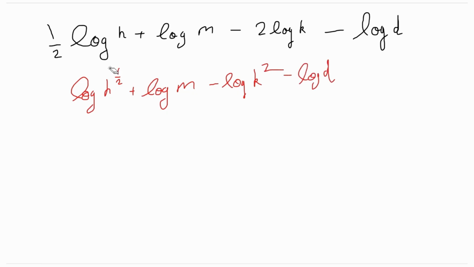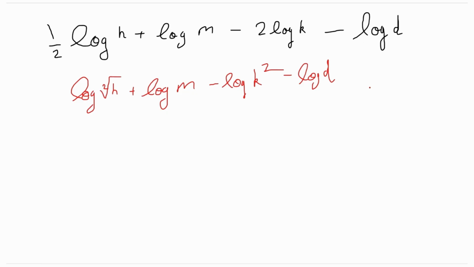And just to make it look nicer and do a little bit of review, what does to a power of a half, or a fraction, mean? Well, a half power means whatever the denominator is the root, and whatever the numerator is the actual power. And anything to the power of 1 is just that. So it's just root h.